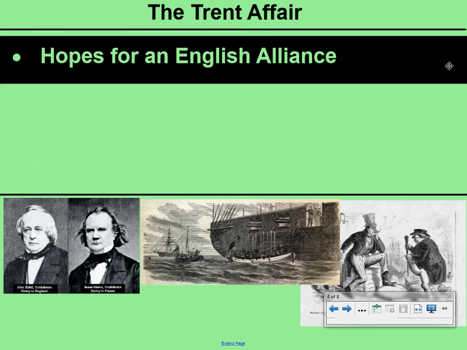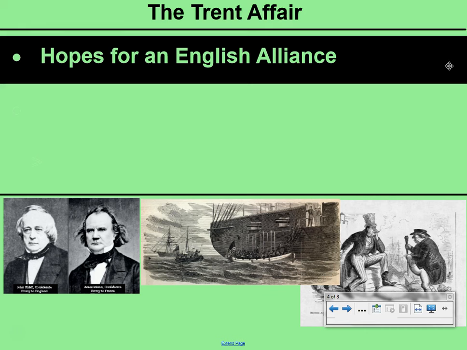We'll talk about what those sources are in a little bit, but although England needed this cotton, they found some other sources, and some English elites would have taken some pleasure in watching the American experiment in democracy fail. But public opinion in England was really for the North because they understood that slavery was at the heart of this, and most public opinion in England sided with the North.